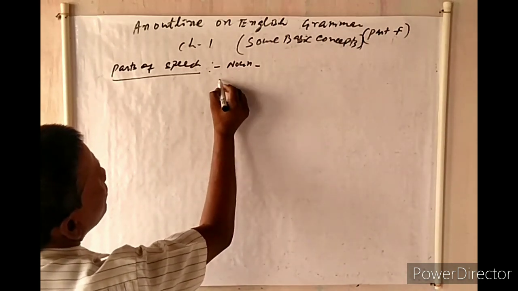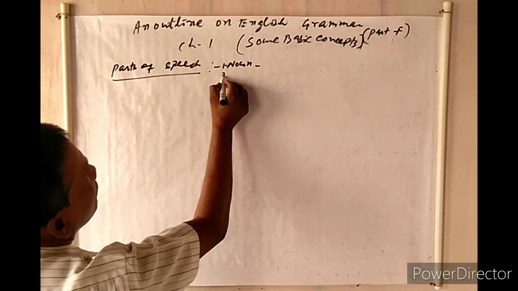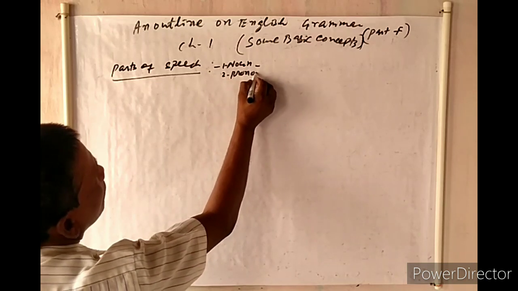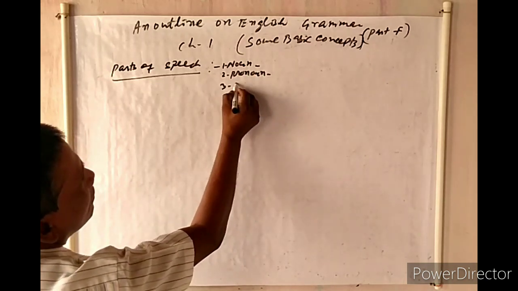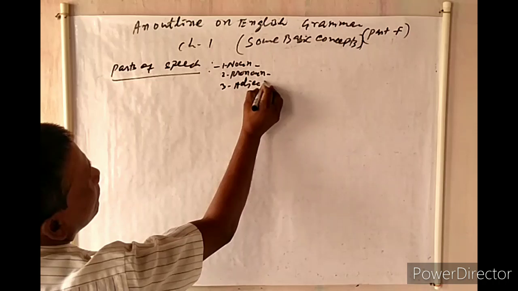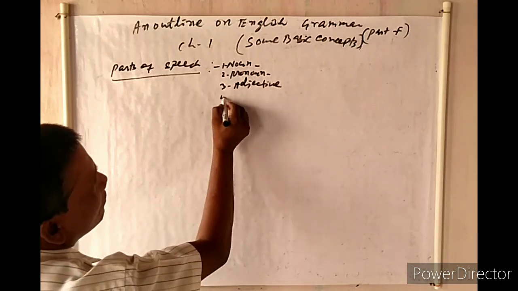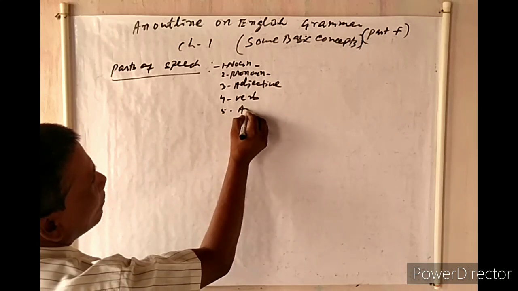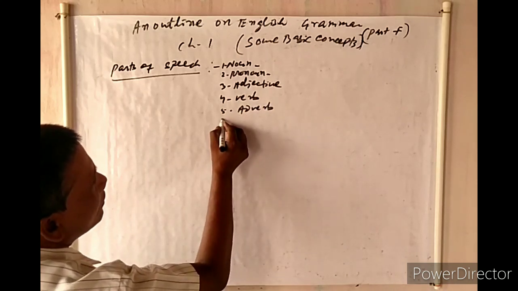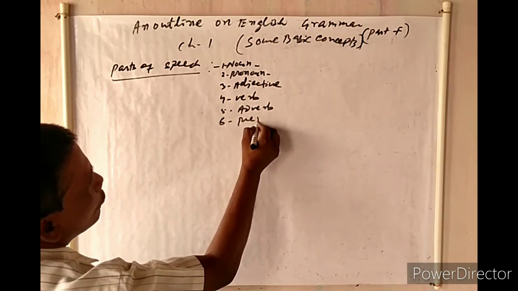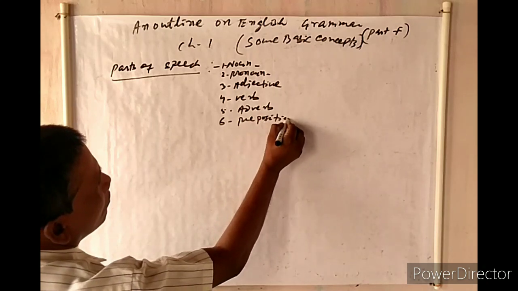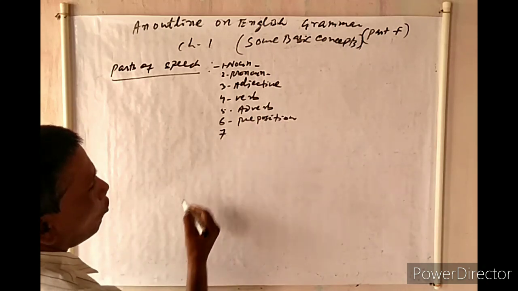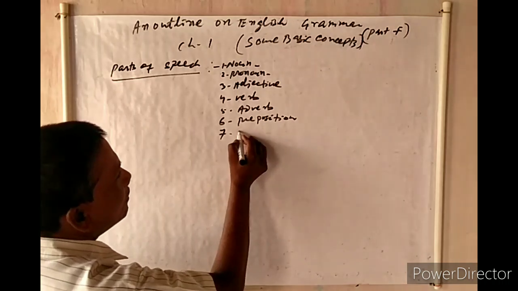Noun we have already studied, then pronoun, then adjective, then verb, then adverb, then preposition we have already discussed, and then conjunction.